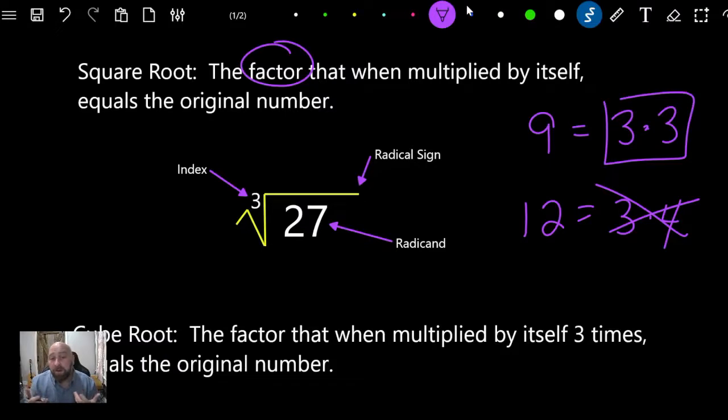But if we get the square root of 12, then we can't really solve it out because there is no rational square root of 12. It's irrational. So you would just leave it as the square root of 12. We will find different ways that we can reduce that square root, but in that case, we would have to leave at least part of our answer as a square root because it's not rational. We'll get into that more. Just wanted to whet your appetite for what rational and irrational means.